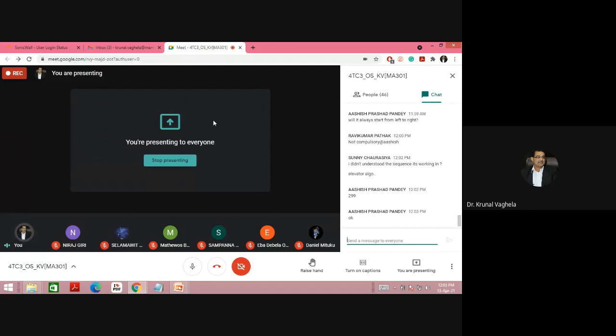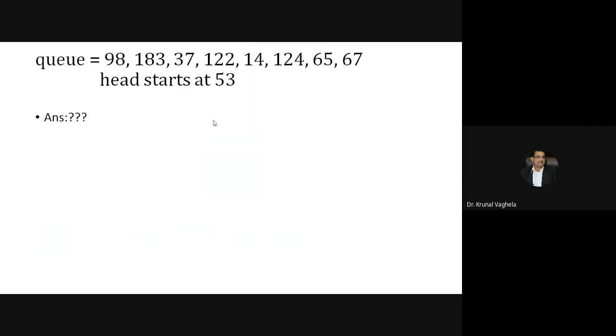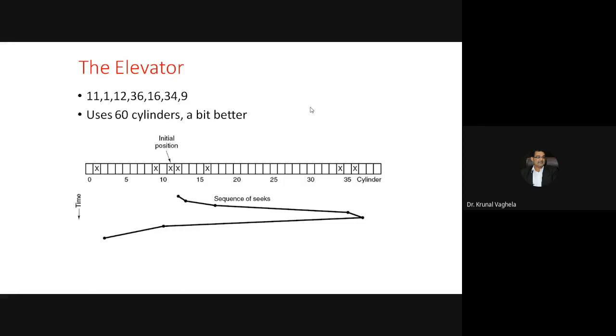Sunny, it's simple. First it will see which is the nearest from 53. So it will continue in that direction, and then it will go in the reverse direction. If you are having any problem, see this one. So here 12 is nearer to 11, then it goes after 12 to the next number.